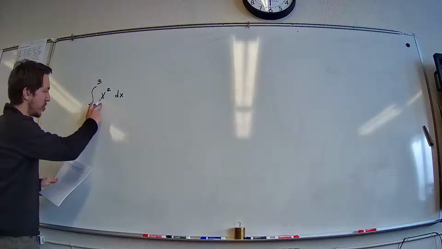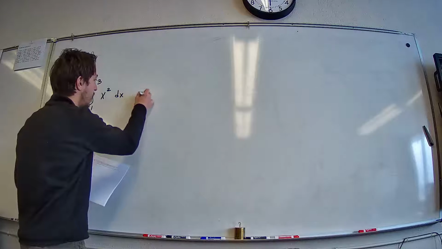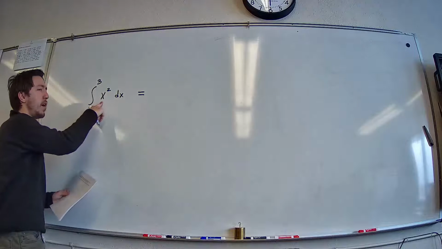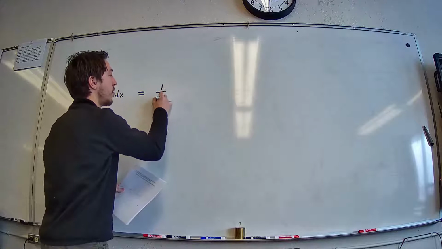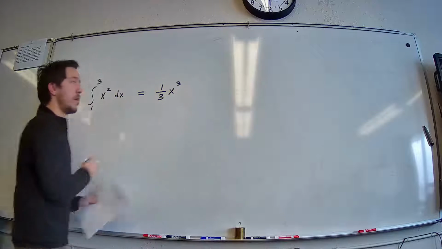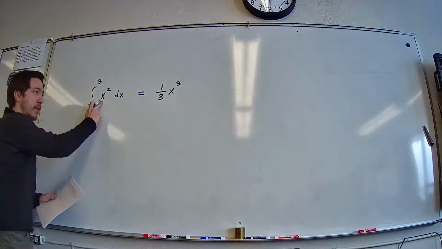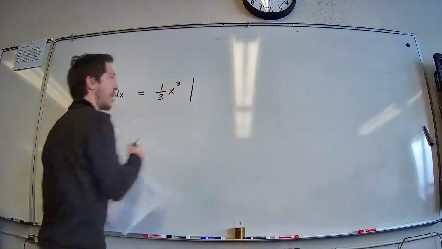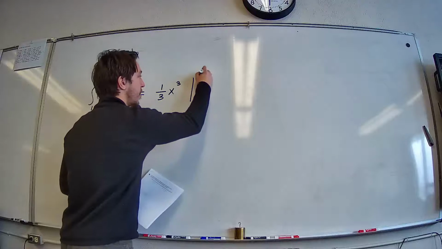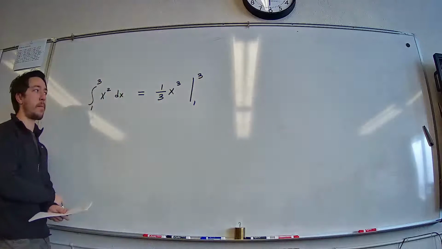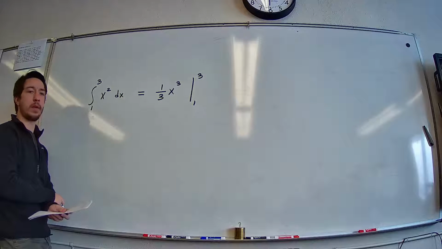So okay, what do you do here? Watch, it's very simple. What's the integral of x squared? 1/3 x cubed. Okay, so you integrate this, and then you put this little evaluation bar. That bar just means we're going to be plugging in these two numbers. Everyone fine with that?